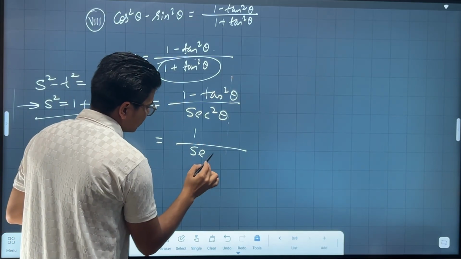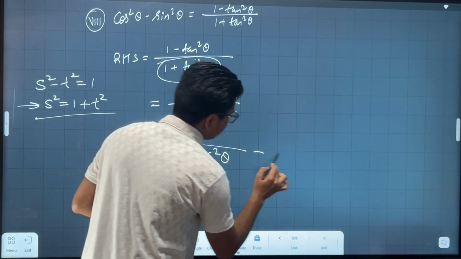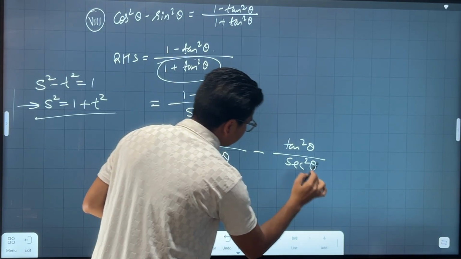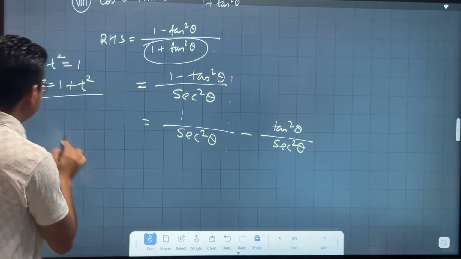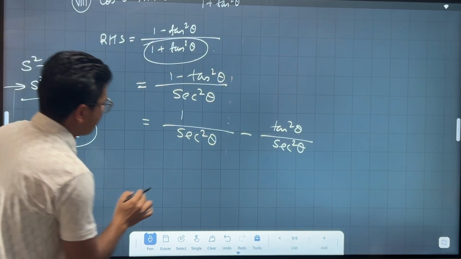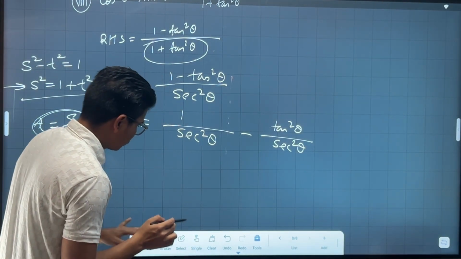1 upon sec square theta minus tan square theta divided by tan square theta divided by sec square theta, right. Now in place of tan theta, what can I write? Tan theta equal to sin theta divided by cos theta. So 1 divided by sec, reciprocal relation, this will become cos square, right.